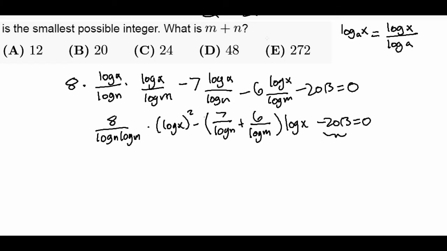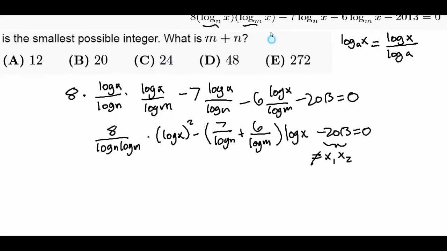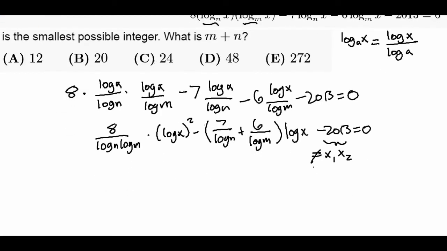But we have to be careful here, because this term does not equal, let's say these are the possible roots, x1 times x2. Rather, it equals log x1 times log x2, because remember, this quadratic solves for log x, not x itself.